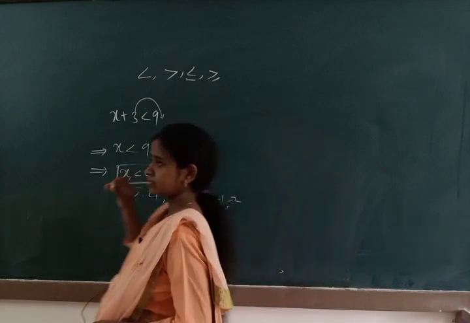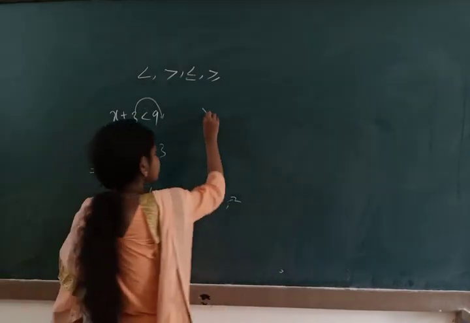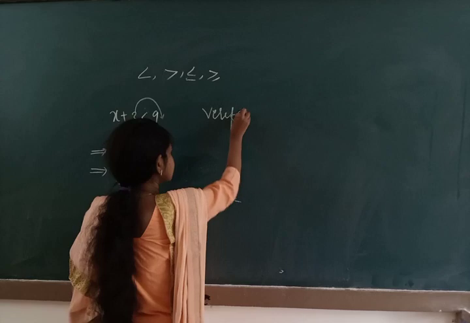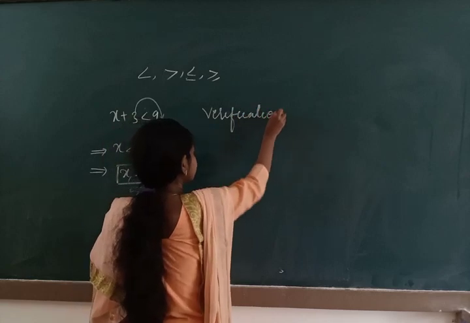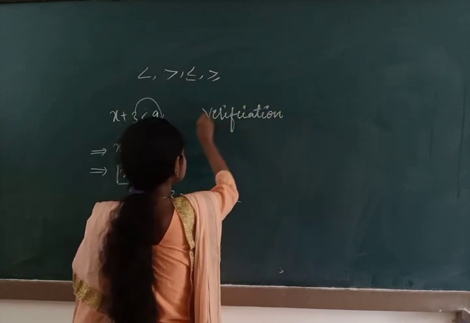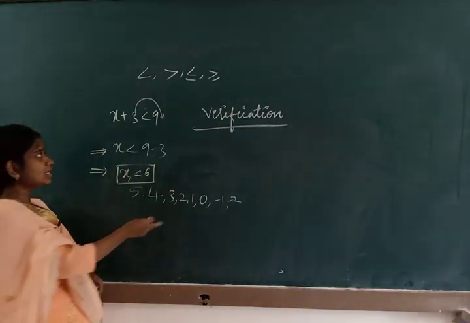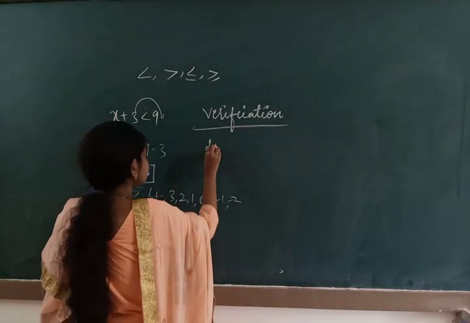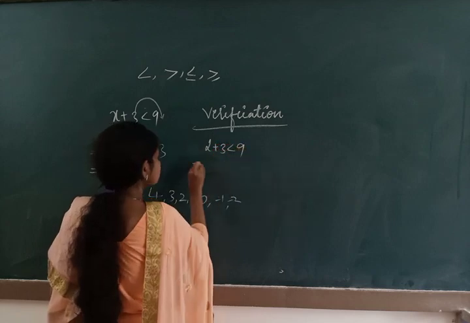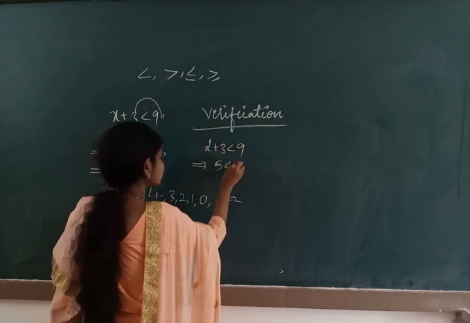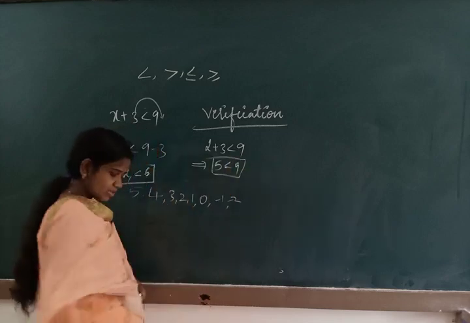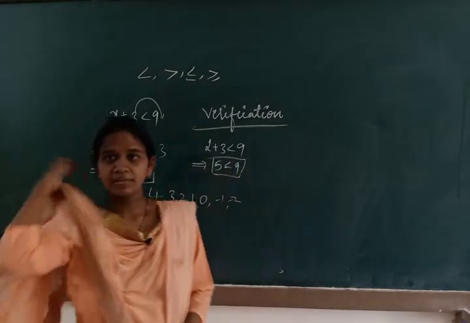Verification. Any value you choose should be lesser than 6, because that is specified. I will take 2. 2 + 3 lesser than 9. 2 + 3 is 5. Is 5 lesser than 9?